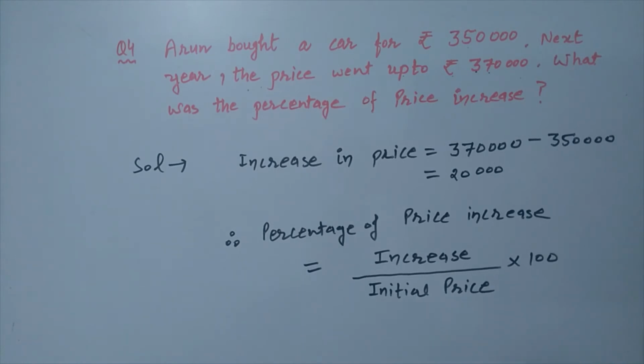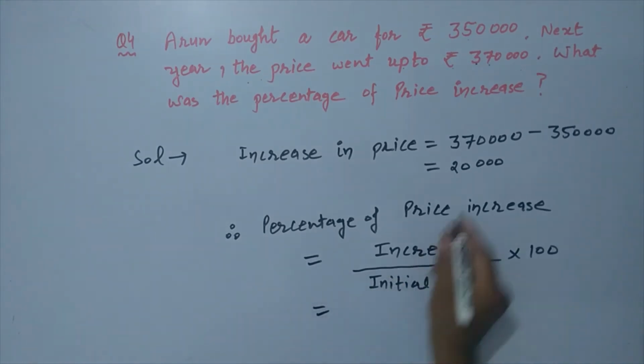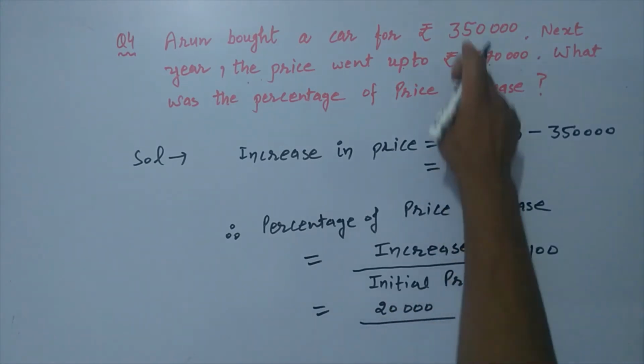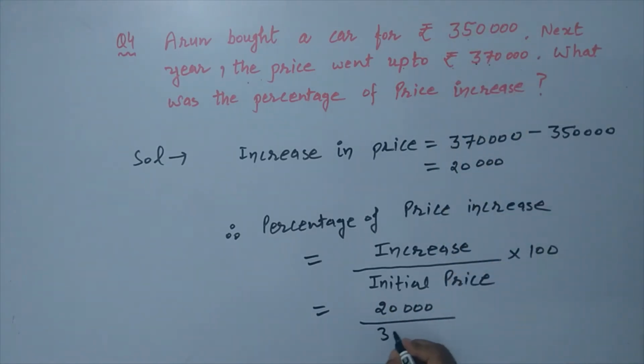So this way we have, what is the increase? 20,000 divide what was initial price? This was 3,50,000 into 100. Now what we do?